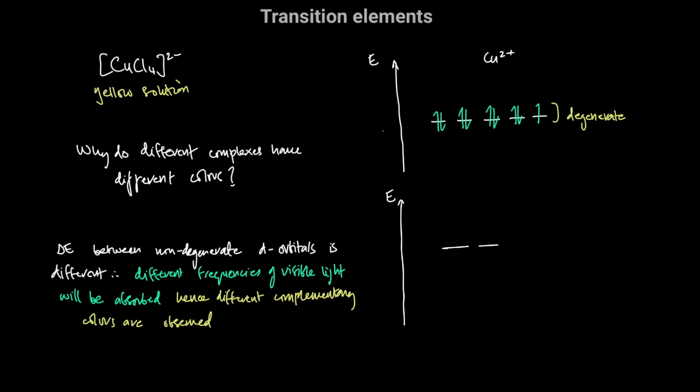The orbitals between the axes are repelled to a relatively higher energy, whereas the orbitals along the axes are at a lower energy. So at a lower energy you have dx squared minus y squared and dz squared, and at a higher energy you have the dxy, dxz, and dyz orbitals.